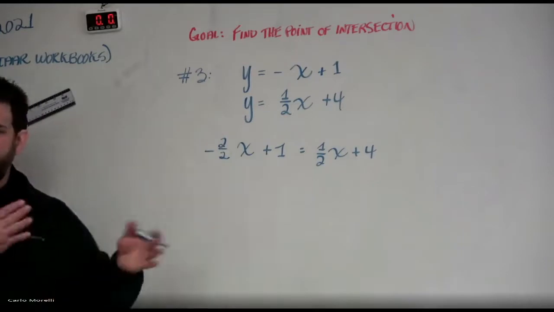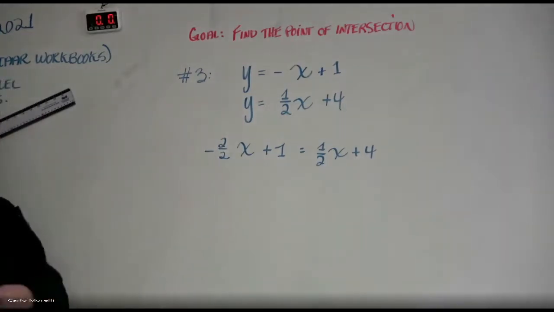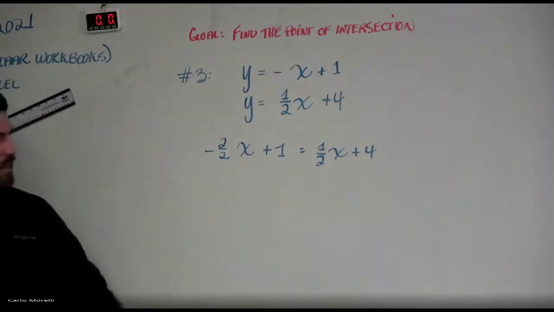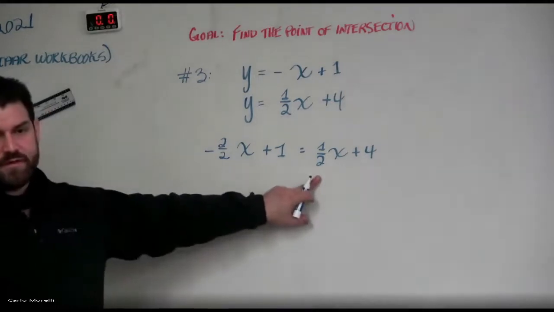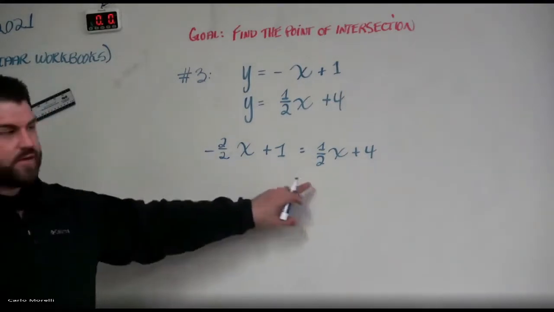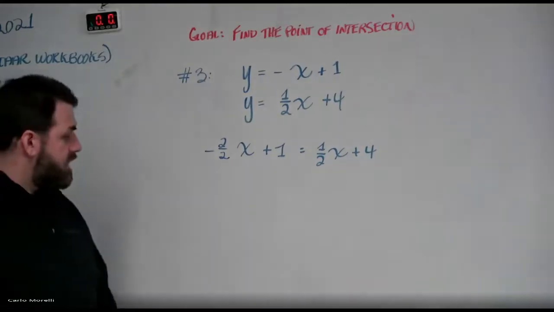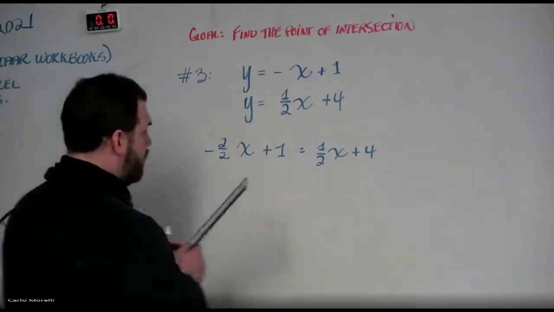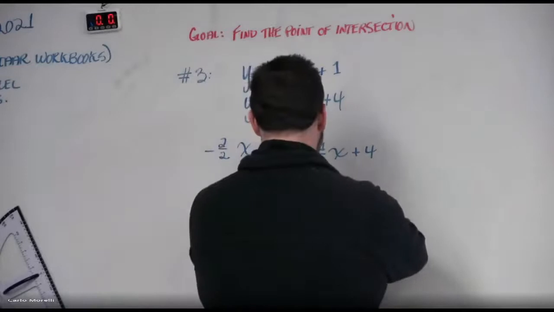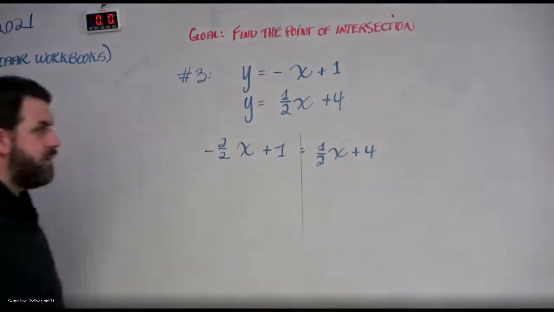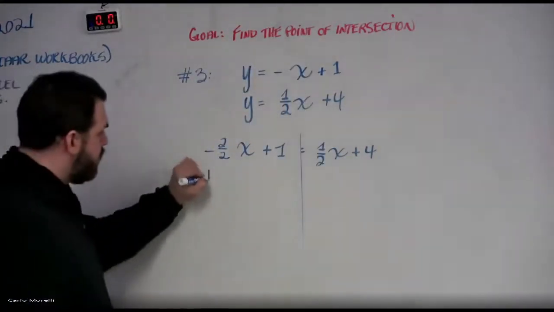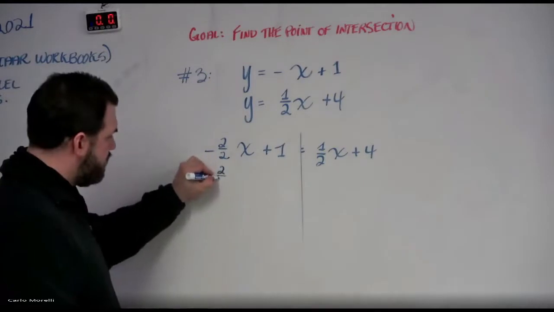We know 2 over 2 is just 1, but it's going to allow me to interact with this fraction here. This is going to make your life a lot easier. Now, here's the solution. Ready? Step 1, add 2 over 2x to both sides.